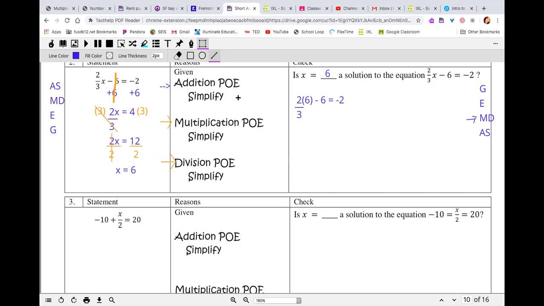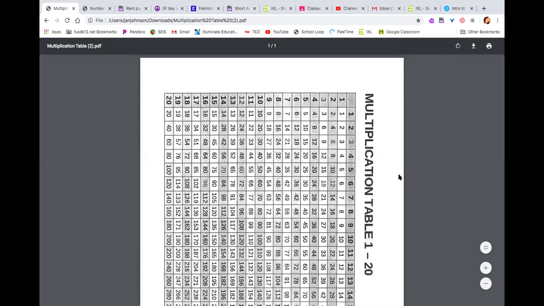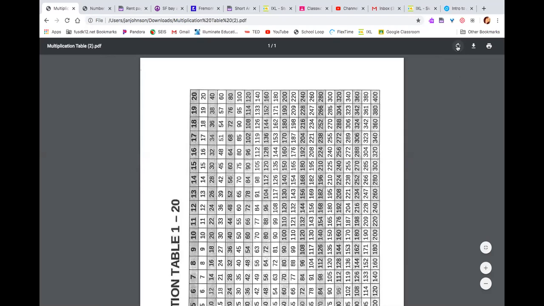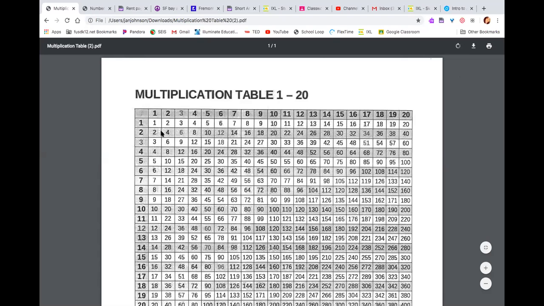And what do I do when I have a fraction times a whole number? A line and a 1. Got my line and my 1. So does 2 go into 3? No. 2 cannot go into 3, and 2 and 3 are both prime numbers, which means that's the smallest the number can get.